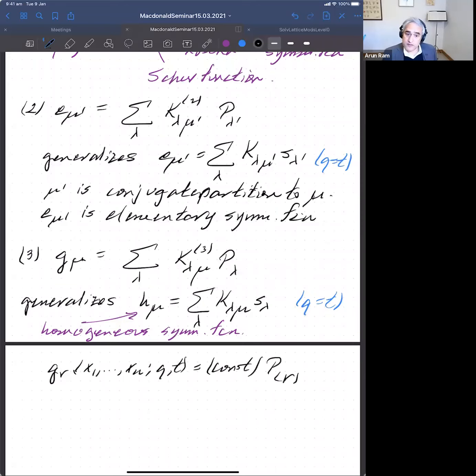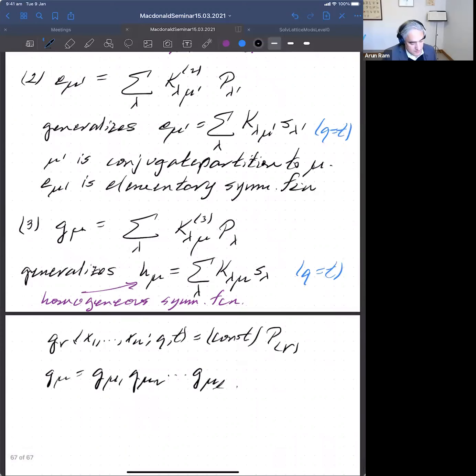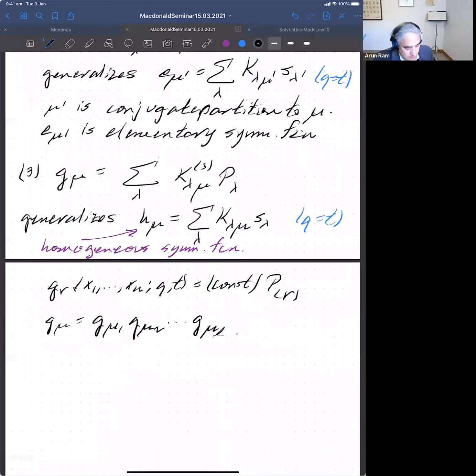So it's essentially the Macdonald polynomial up to a constant. It's the Macdonald polynomial for a single row. And then I multiply those together several times. So I can define G mu to be G mu 1, G mu 2, up to G mu L. And that gives me a basis. Again, you look for the transition matrix between the G basis and the P basis. And this gives an analog of Koska numbers again, a q,t analog.